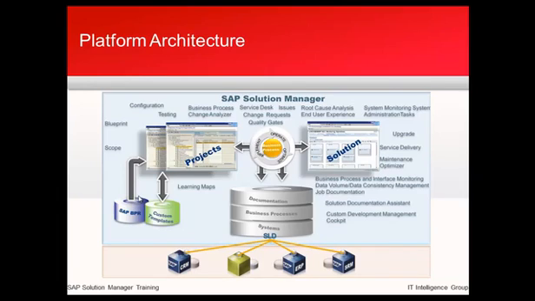For the implementation phase, you can see that for implementing you have projects. You have a central business process repository, a custom template, and a global template, so you can control your global rollouts. Business blueprinting can be defined, configuration can be done, and tests can be created based on the business blueprinting. For whatever changes are being rolled out, you can have the business process change analyzer report showing the impact of any of those changes.